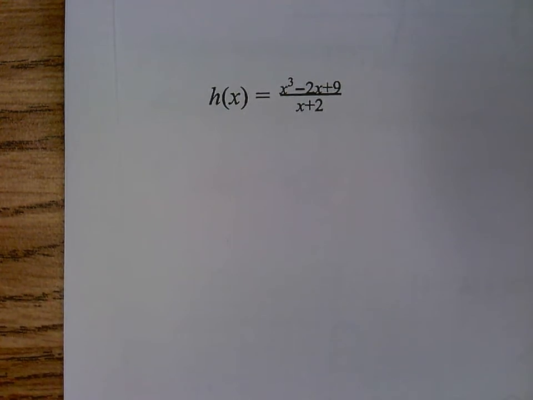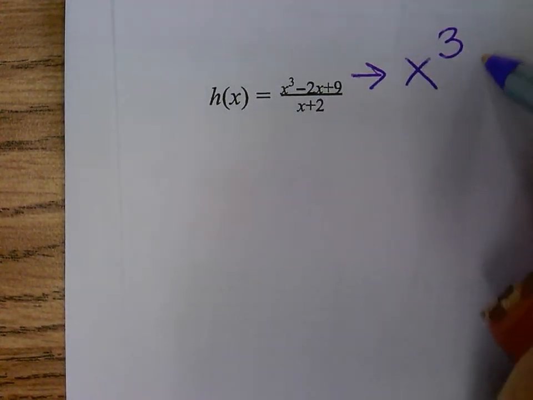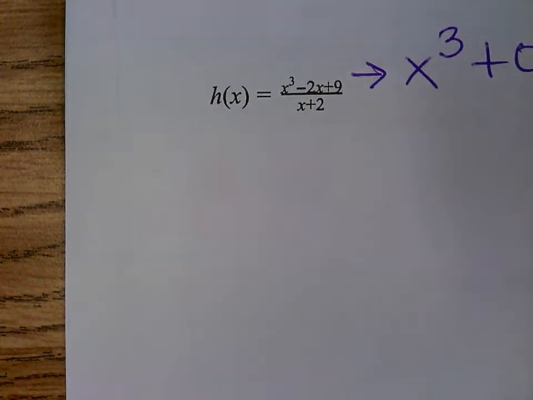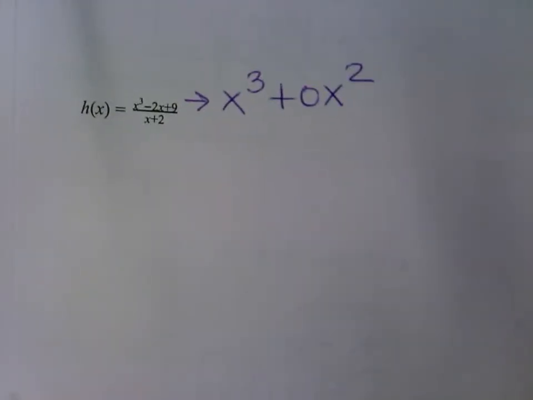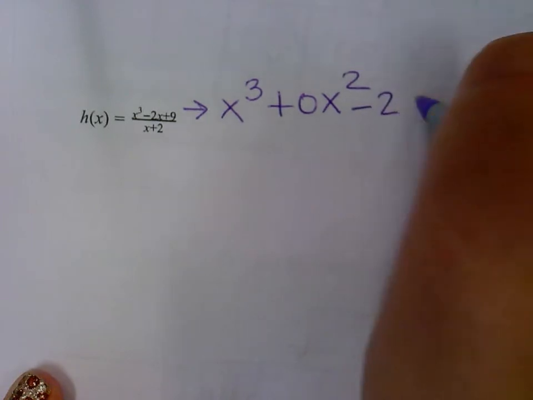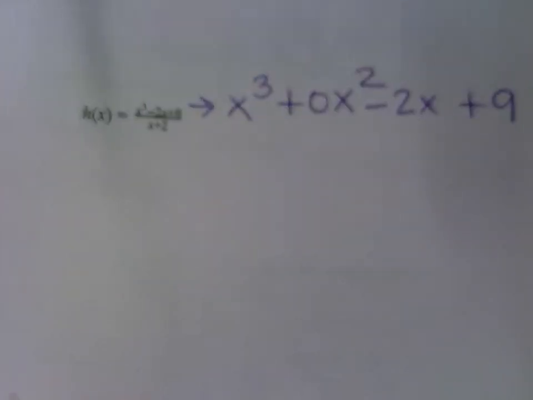So depending on the degree of the function, you're going to end up maybe with not a linear function. And on this one, I want you to rewrite the numerator, x cubed plus 0x squared minus 2x plus 9, to show that there's 0x squared before you start.